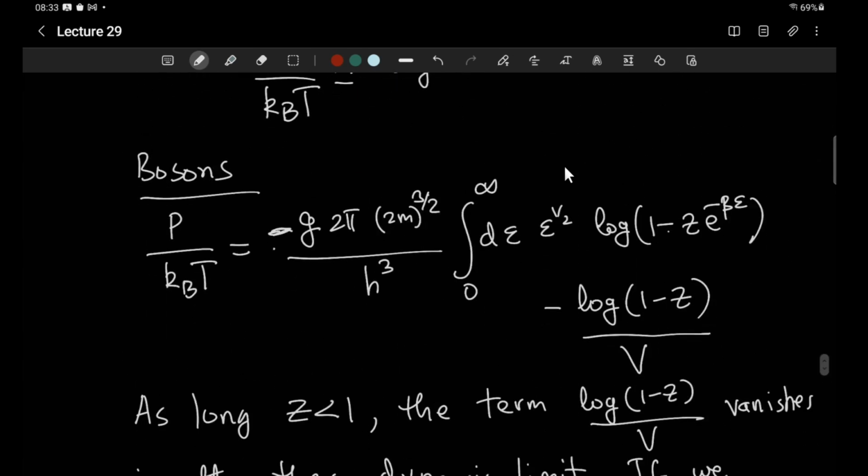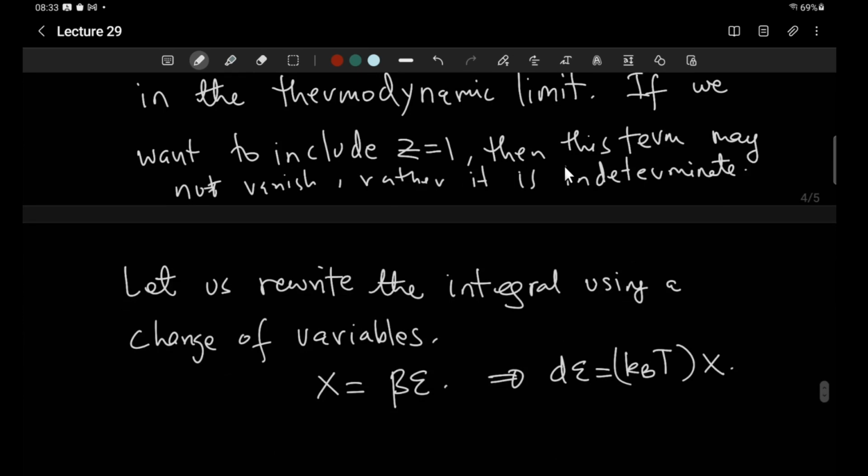So what we will get is... I'm very inconsistent with how I write x.